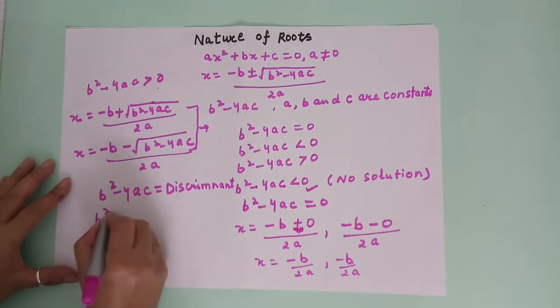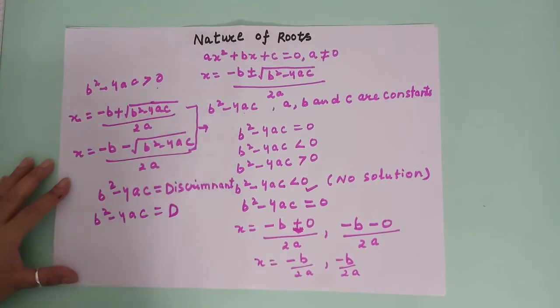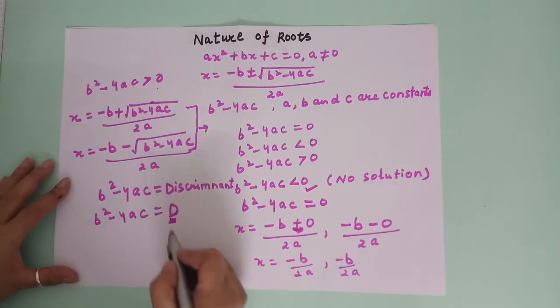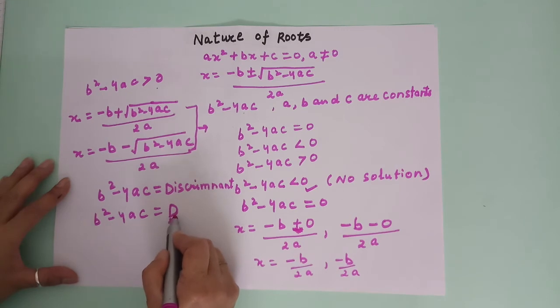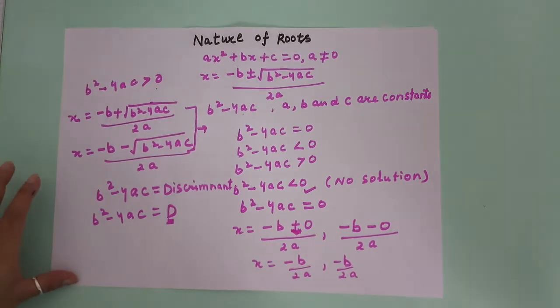We denote this discriminant by capital D. So this D is very important because it helps us to find the nature of the roots without actually solving them. So let's recap what we have learned now.